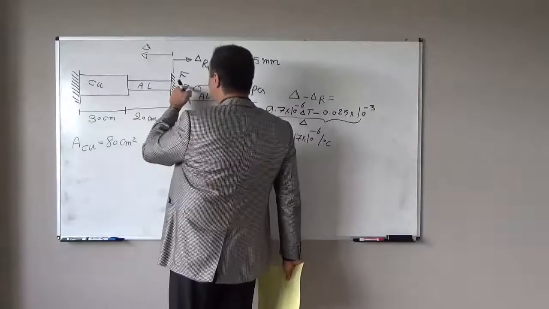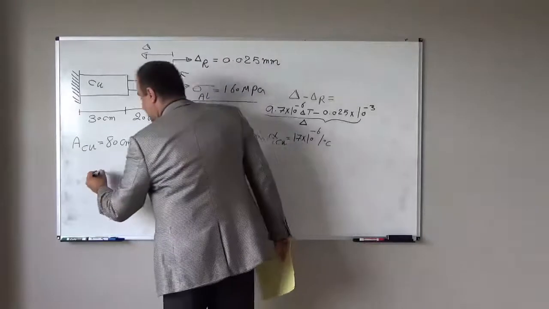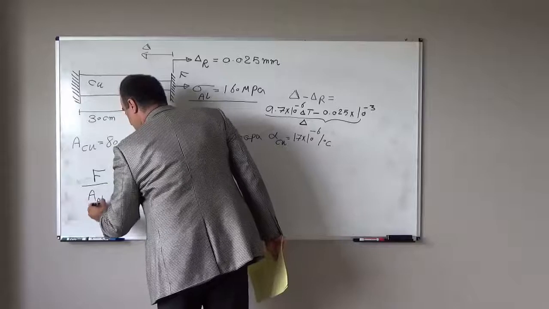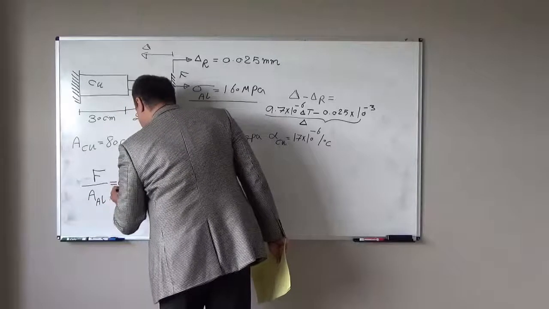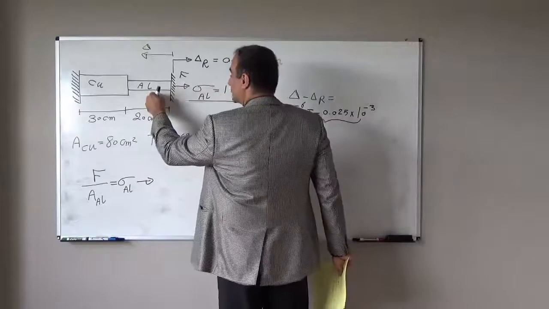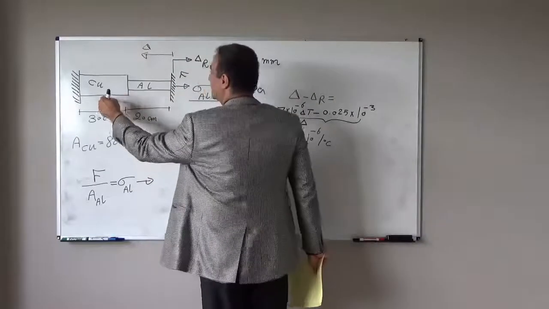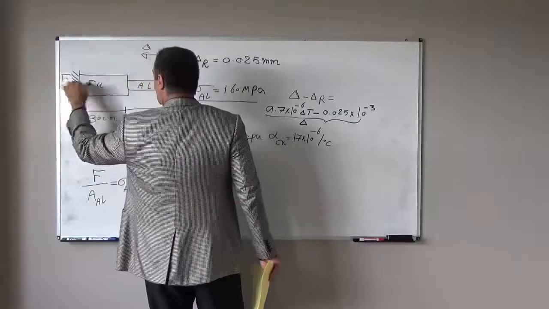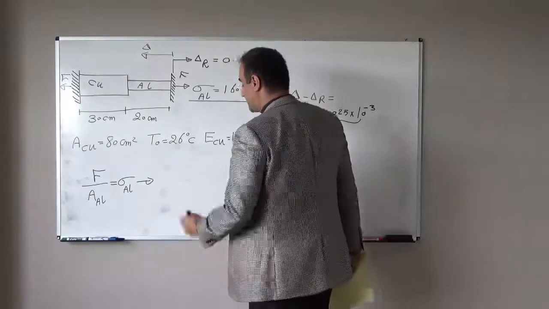So F divided by the cross-sectional area of aluminium will be the stress inside of the aluminium. If this is F, this force will transfer here, and to this support. So all internal force is F.